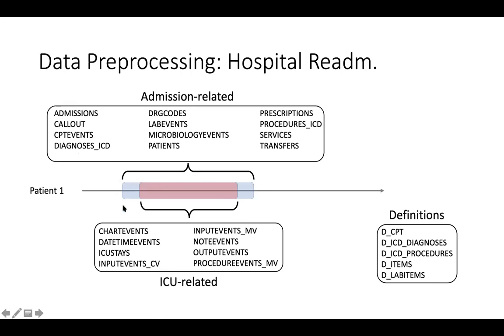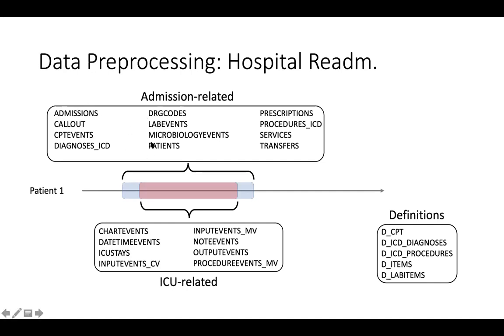This is the beginning, because in order to distinguish between the positive case and negative case, first you need to rebuild this blue and red strip. That's where you need the patients table, the admissions table, and the ICU stays table, because this table stores the information related to when the patient was admitted to the ICU and when the patient was discharged from the ICU.